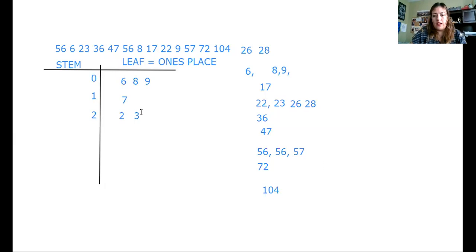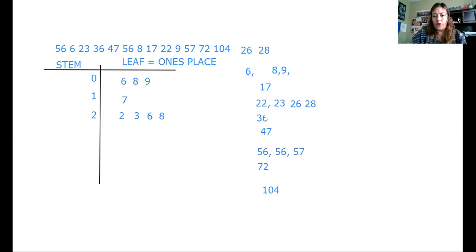Okay, so that you can see how this is going to be increasing. So I already have a 22, I have a 23, now I'm gonna have a 26, and last, my 28. There you go. So when you have multiple numbers in the same category, like in this case, with the 20s, that's how you will write them.